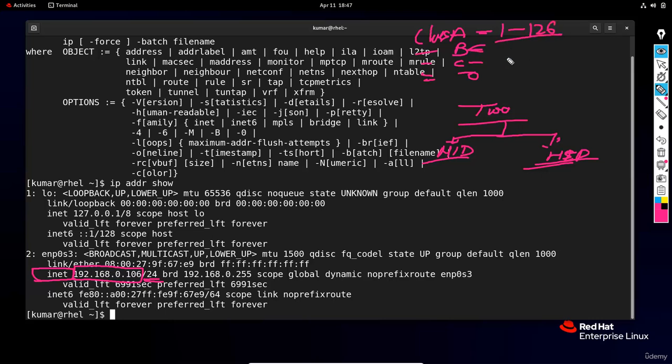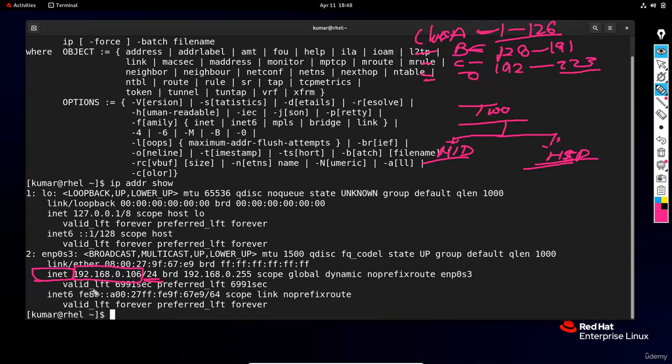For class B, the range is 128 to 191, and for class C the range is 192 to 223. This is the range of an IP address on any computer.